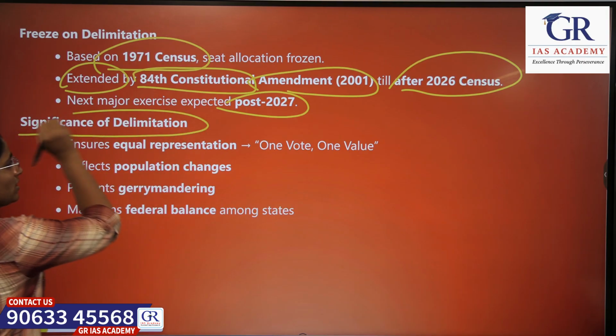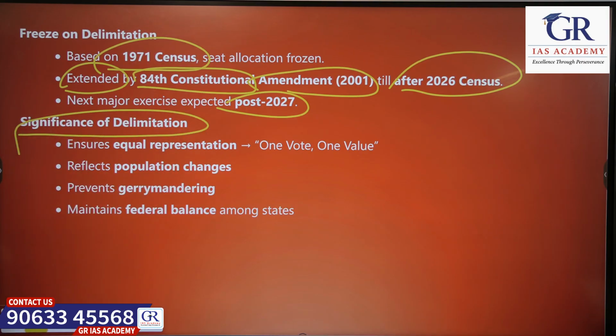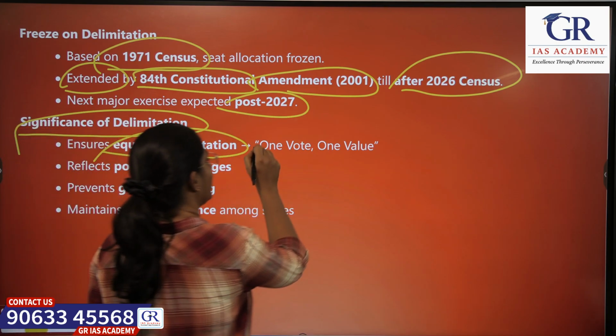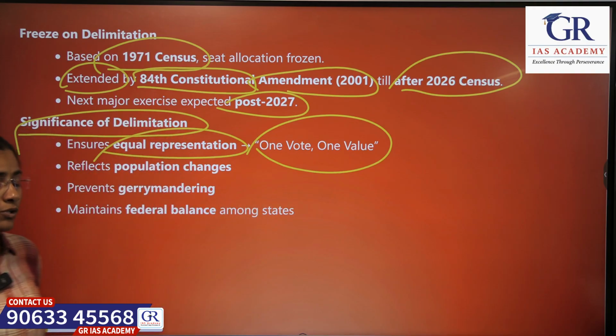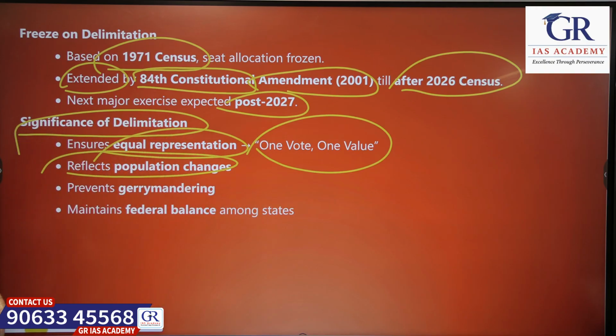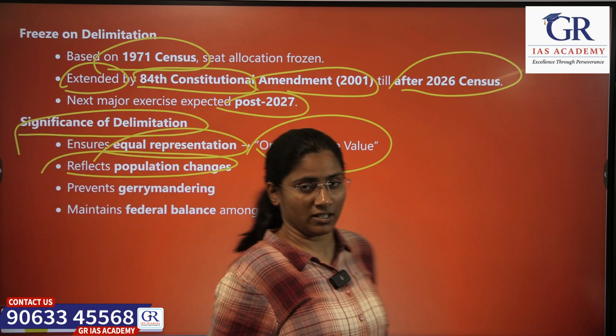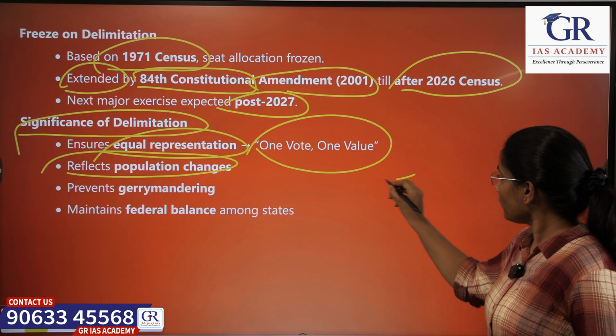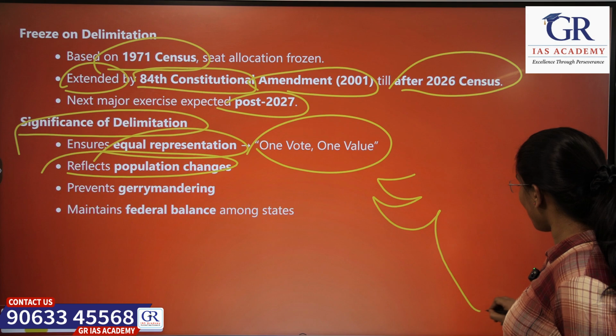So why is everyone debating about delimitation? Because this ensures equal representation, that means one vote will have one value, and this reflects population changes. We just told that southern states have controlled their population, right?